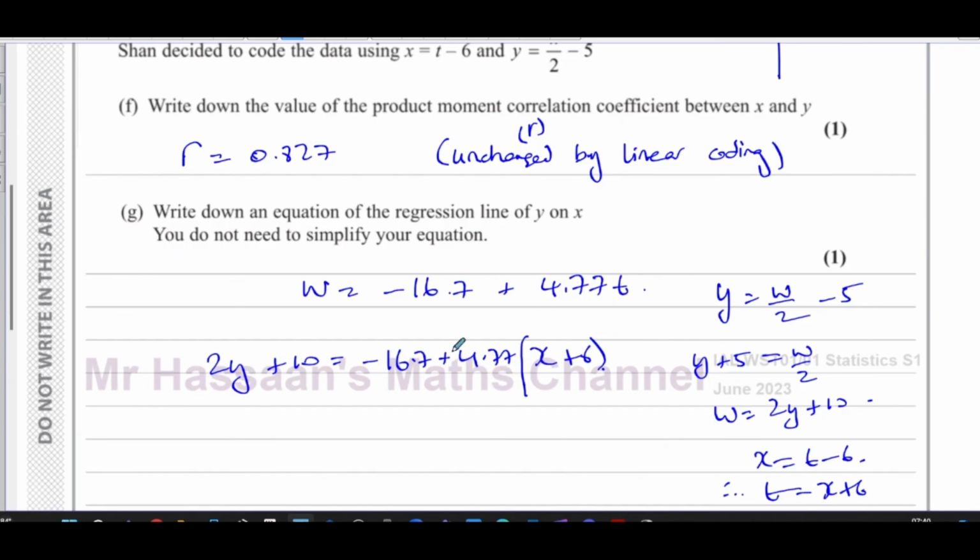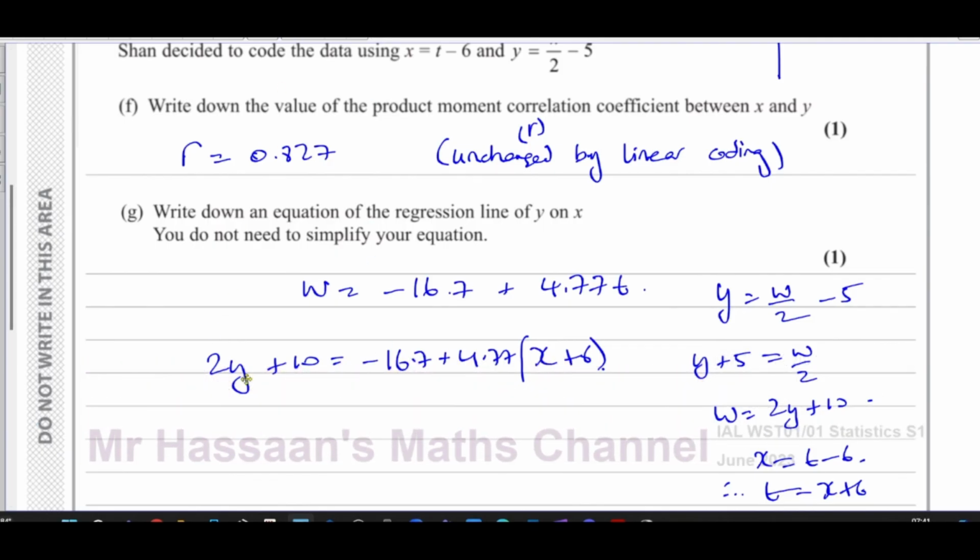It says do not simplify your equation. That's enough for us to write it like this. If they wanted us to write the regression line of y on x fully, we would then rearrange this to make y the subject. We'd expand the bracket, subtract 10 from both sides, divide everything by 2. But here it tells us clearly you do not need to simplify your equation, and that can be left as that. And there is our answer.